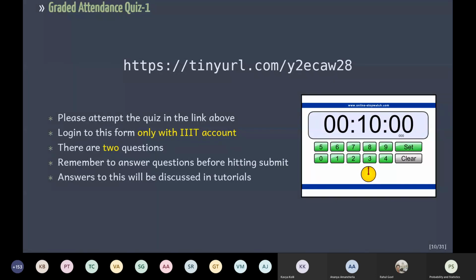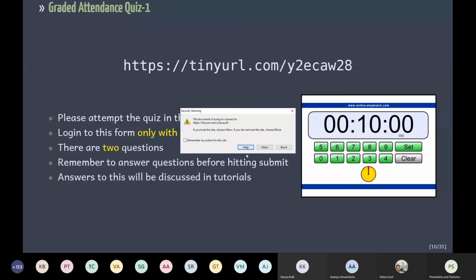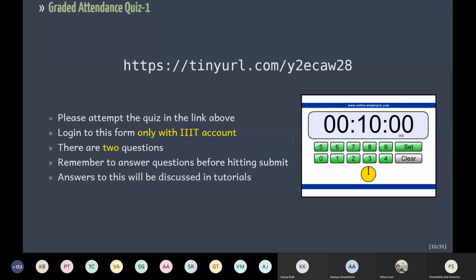Please attempt this quiz on the link above, and then I'm going to start the timer. I hope this link is working. If not, please let me know, because sometimes it happens that it doesn't work, for whatever reason.